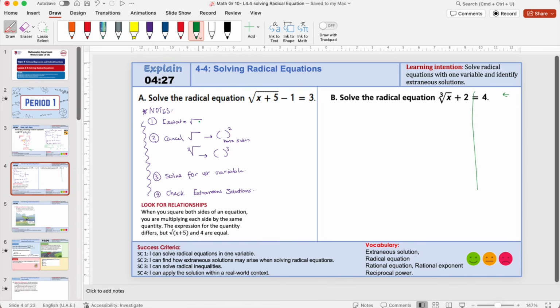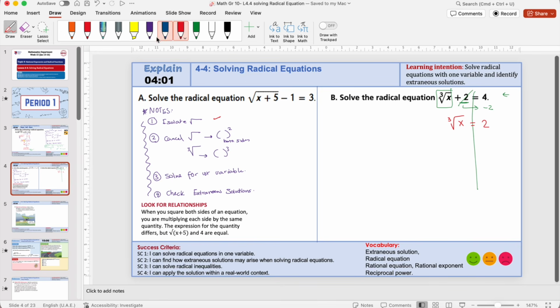Anyways, the first step is to isolate your root. Is my root isolated? Obviously no. I have a 2 added outside the root. So take the 2 to the other side. Now you have cube root of x equals 4 minus 2, which is 2. Once my root is isolated, cancel the root.